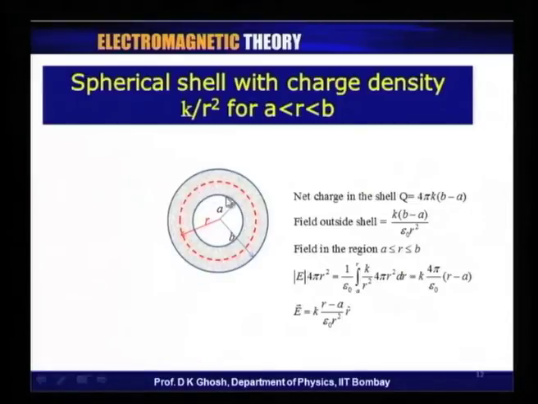And I can calculate the volume of this, simply the difference between the volume of the sphere of radius r and the volume of the sphere of radius a, and repeat the same calculation. You will find the electric field is given by k times r minus a divided by epsilon 0 r square, times r. So, this is an application of the spherical shell.